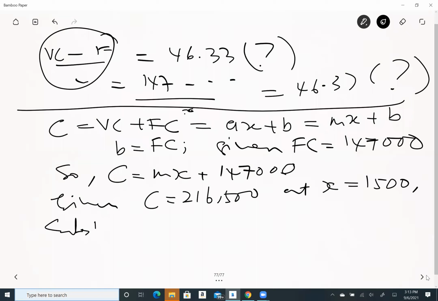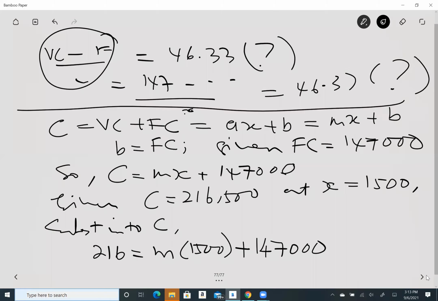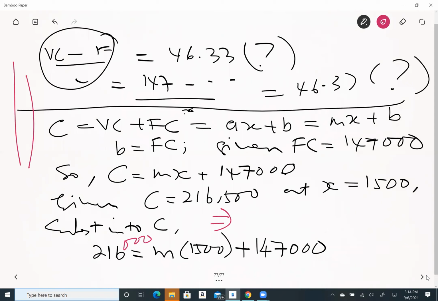So you got M. Now, some people, I think a few people, not many, what you do here, you put this number, you don't do anything of this. Suddenly you get 216,000 equal to 1500x plus 147,000.